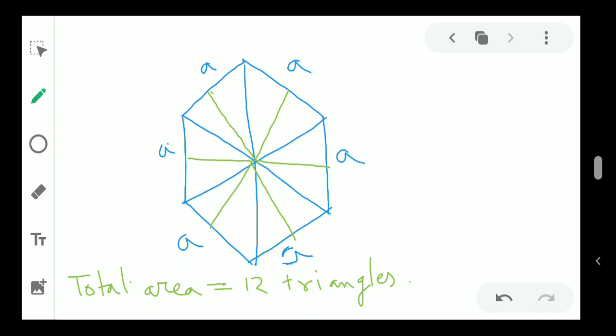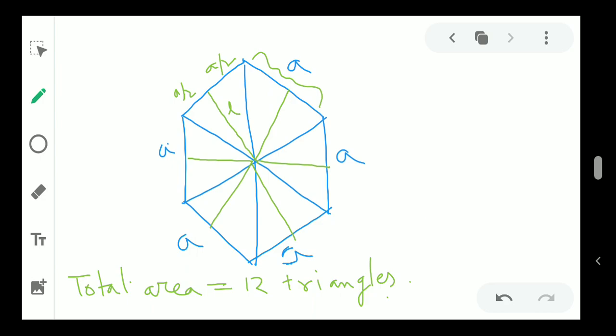I don't know this length, so I will take this length as L. Now if the total length is A, then half of that length will be A by 2. So I'm not writing A here, instead I'm writing A by 2 here and A by 2 here, because this is half of the total length. So total one side is A, so half of it is A by 2 and A by 2.